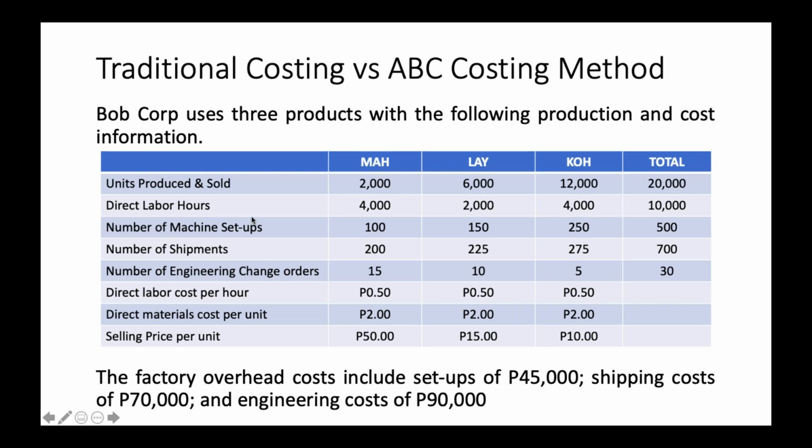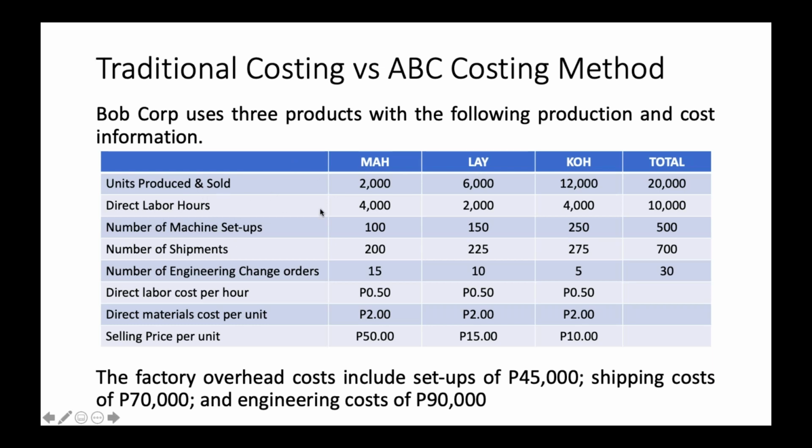So I have here an example of a corporation producing three kinds of product, Ma, Lai, Ko, and this is the information of the three products.